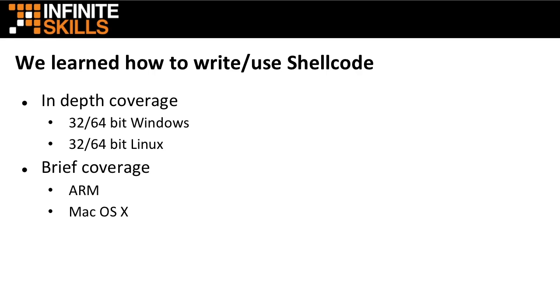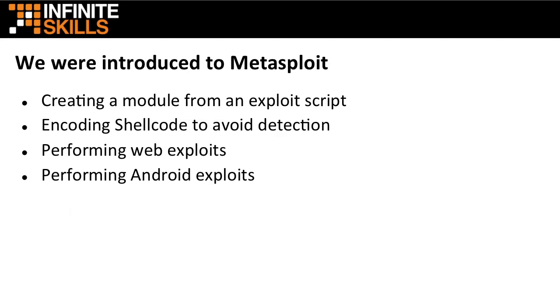So once again, we covered in depth 32-bit and 64-bit Windows and Linux. We also touched on ARM and Mac OS X. We introduced Metasploit, which is one of the most popular tools in the InfoSec industry. Showed you how you could create a module from an exploit script, and we showed you how you could encode shellcode in order to avoid detection.